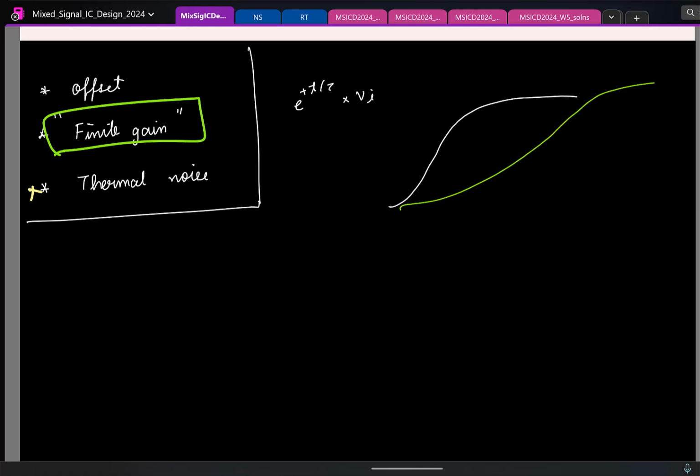Okay. So which means, let us say for really small inputs, it can so happen that at the end of my comparison phase, the comparator has not made a proper logic decision, right? It is neither close to VDD nor close to 0, lying somewhere in between. And what is this called in digital circuits? It's metastability.